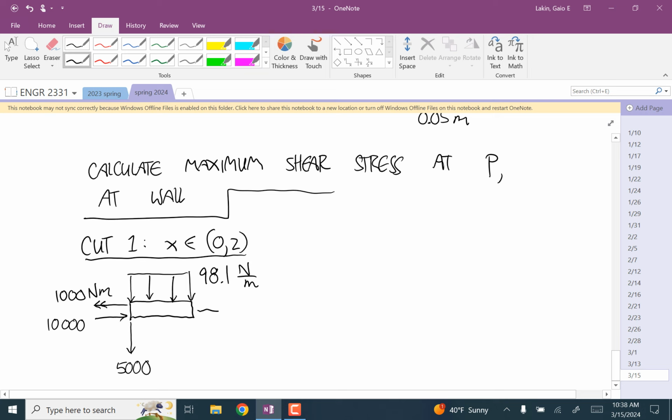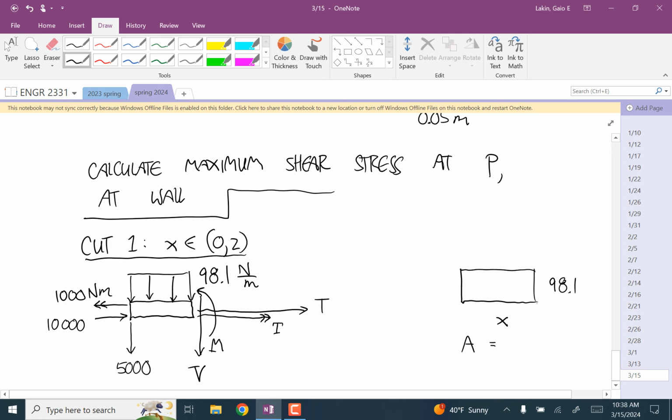And then we have our internal loads: tension, shear force, bending moment, and internal torque. From that distributed load, we have a length of x and a height of 98.1.